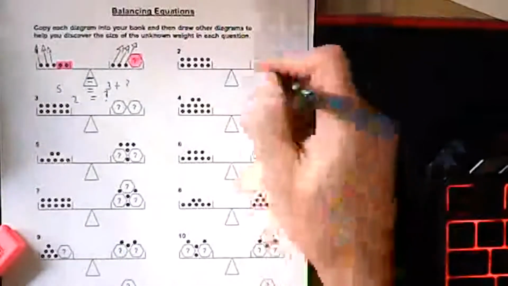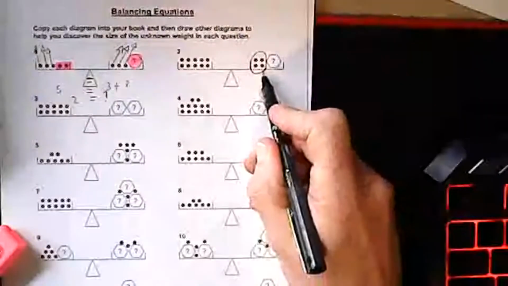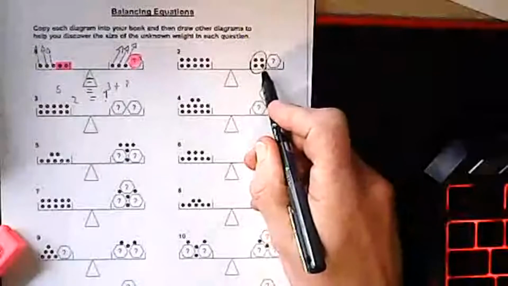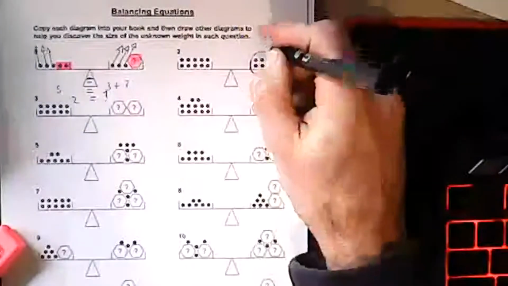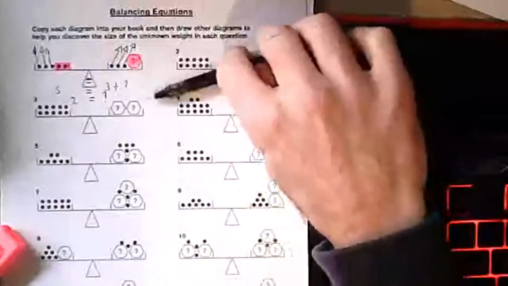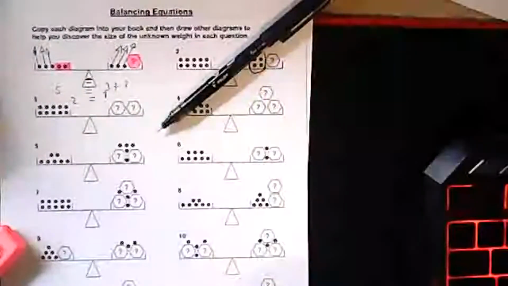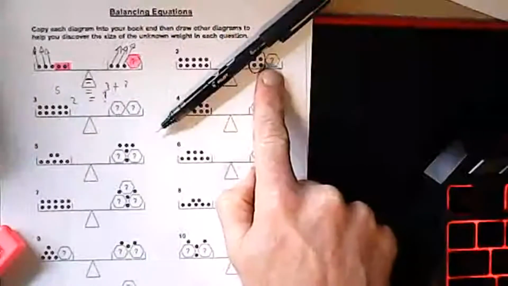So this time we can group together the values. If you have a look at this bit here, we've got a value of 4 there. We want to get the question mark on its own. So the first thing I'm going to do is remove those 4 items. I'm going to take them away. And what will happen is the seesaw will go downwards like that, because we've taken weight or value off one side.